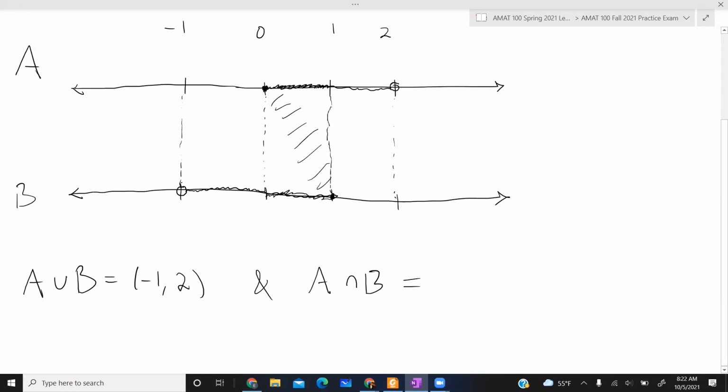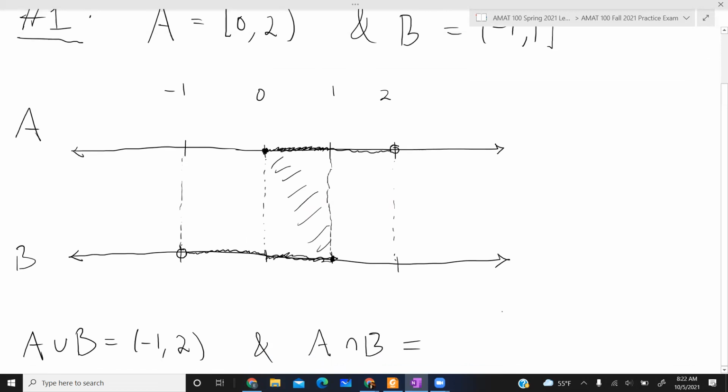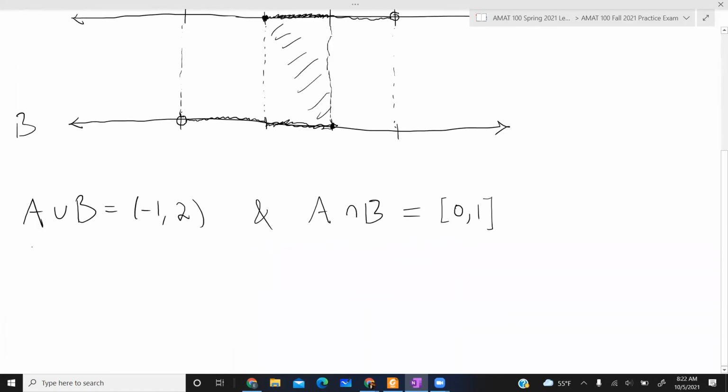It's going to include 0 and it's going to include 1, because 0 is a point in A and it's a point in B, and the same thing with 1: 1 is a point in A and 1 is a point in B. And then it's everything between. So it's 0 to 1. If we look at our options, we can see that, if I did it right, B is the answer. So just circle option B.